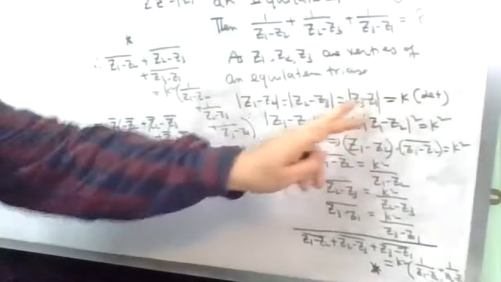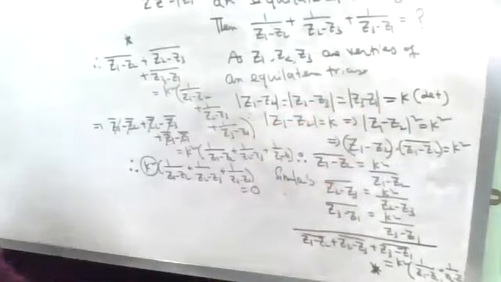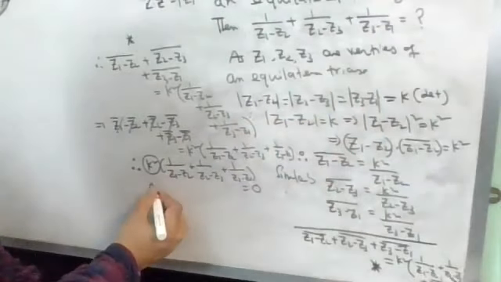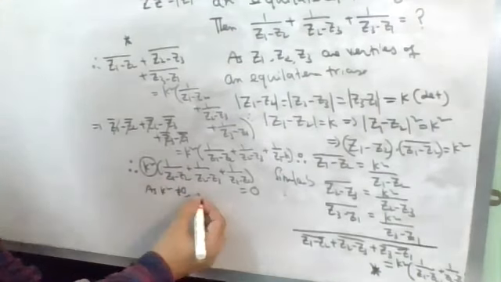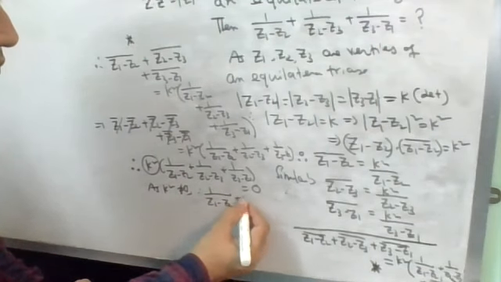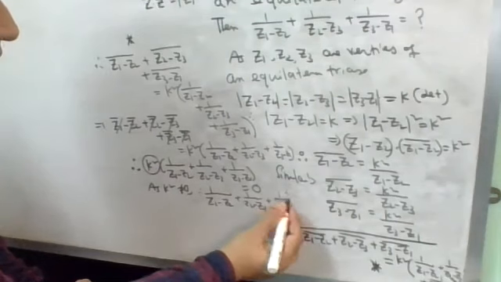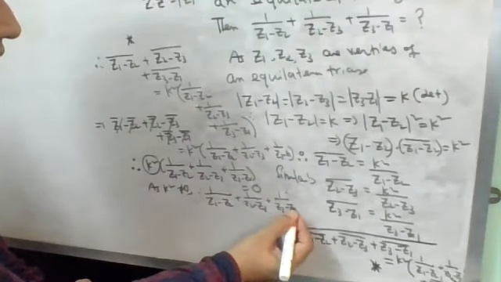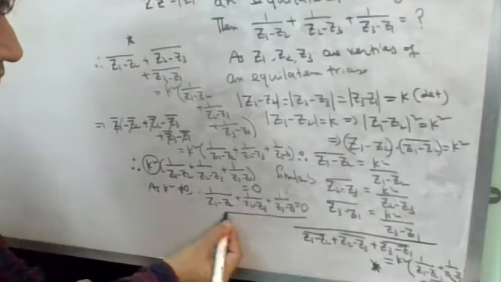Because k is the length of the side of an equilateral triangle, which cannot be 0. As k square cannot be 0, therefore 1 by Z1 minus Z2 plus 1 by Z2 minus Z3 plus 1 by Z3 minus Z1 is equal to 0.